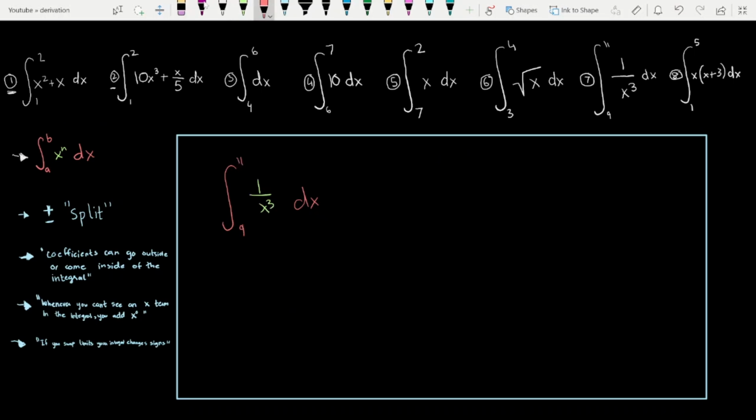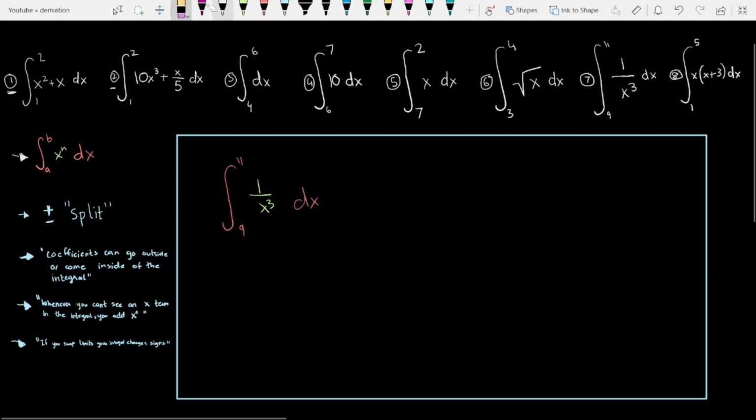Again, we're going to use some algebra for our integral number 7 to convert it into the form x raised to the power n, because that's what we're trying to do. So what we can do is take this x down to the numerator, and hopefully that will do the trick. Whenever we take a fraction from the denominator to the numerator, the sign of the power switches.